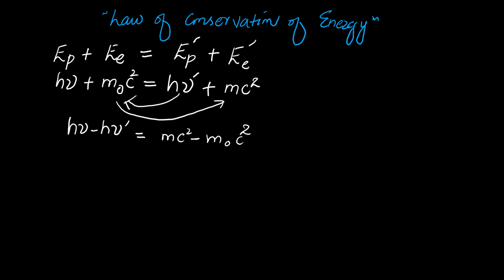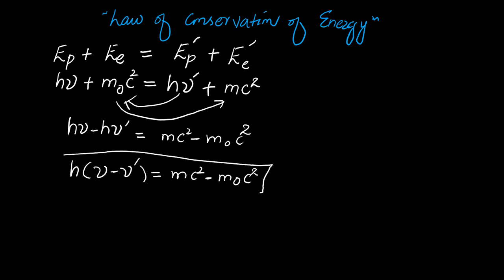Now taking h common, h into nu minus nu prime is equal to m c square minus m naught c square. Write this as equation number 1.